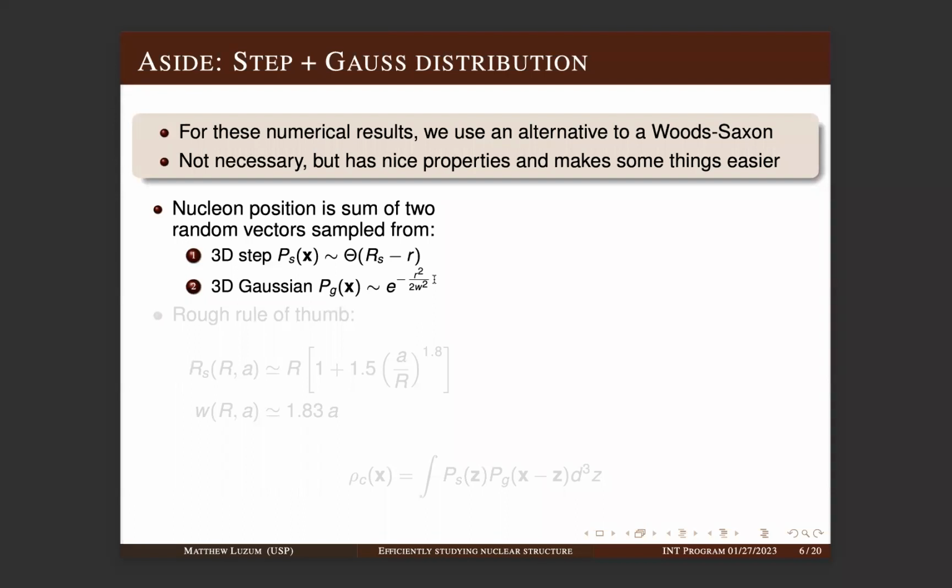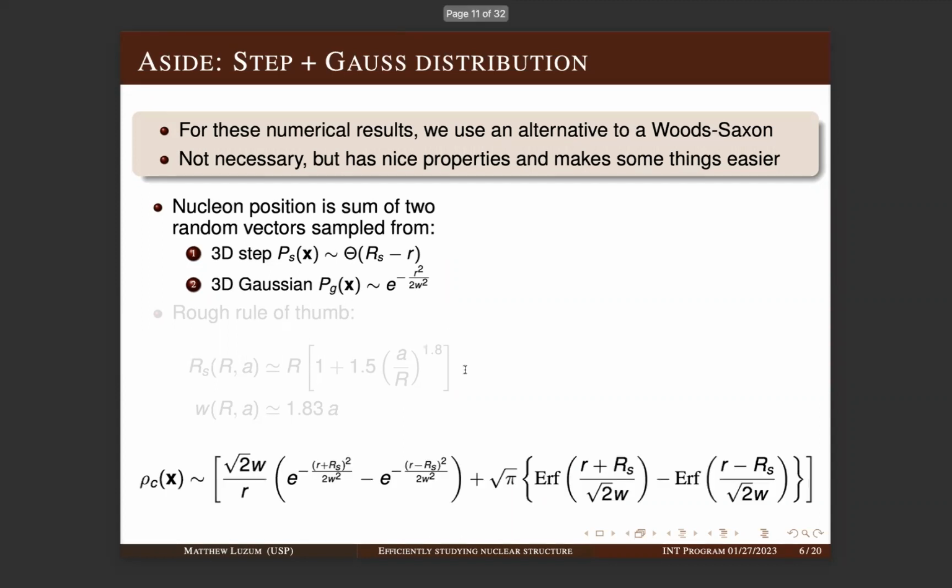So if you do a sampling like that, the distribution you get at the end is a convolution of those two distributions, which if you work it all out, looks kind of like this. It's a little bit longer and messier than a Wood-Saxon, but it's actually a lot nicer analytically. If you want to do any sort of manipulations, it's smooth at the origin.